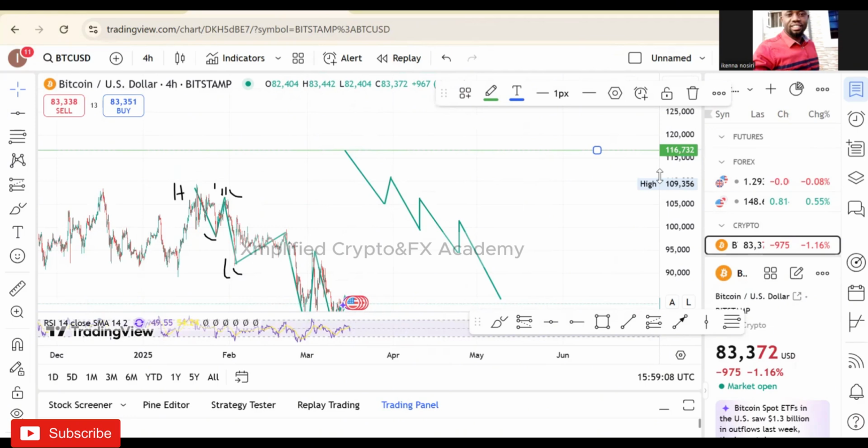Bitcoin was doing very well. All of a sudden, price got to this point, and there was a massive sell-off, and it dipped to this particular point.